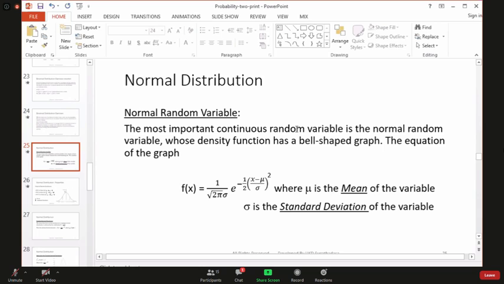I just asked you to have the hard copy of the normal distribution table. There's only a two-page table, because you will not be able to do exercises yourself without that table. The purpose of sending that table: with online, you also have the computer and the mobile phone, no? At the same time, you can open the soft copy. That's why I asked you to have the hard copy of the normal distribution table.